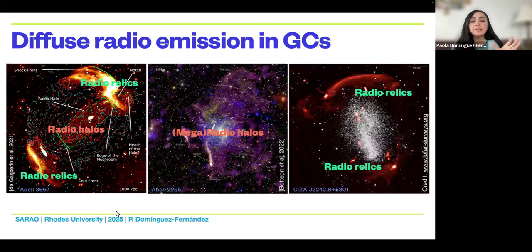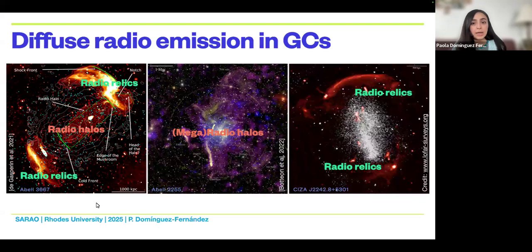I think these namings will start to become a little bit tricky, because what we are starting to see is that basically all galaxy clusters are filled with these electrons that are emitting in the radio band, right? So we're going to start to see complicated things from now on.